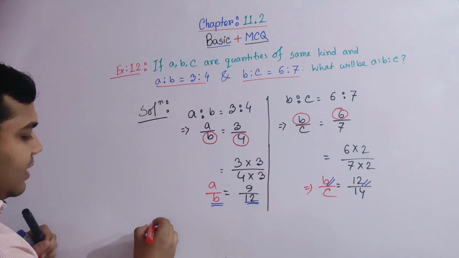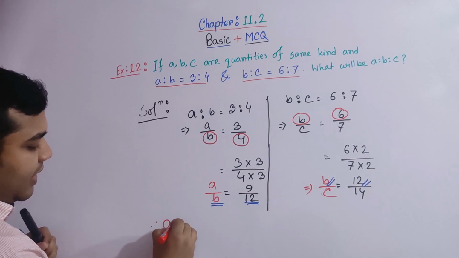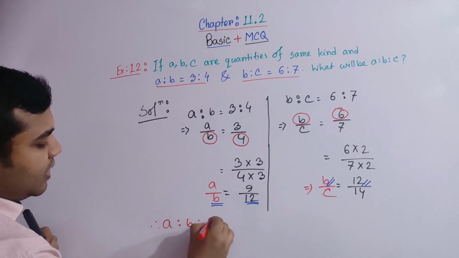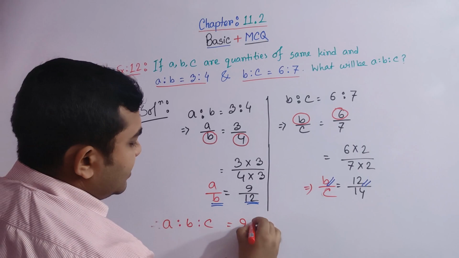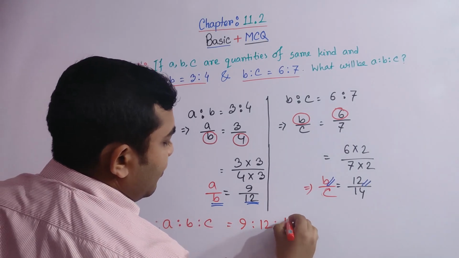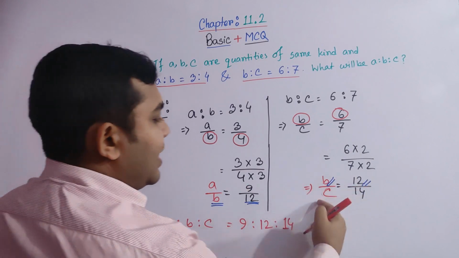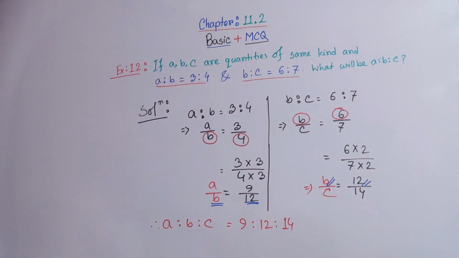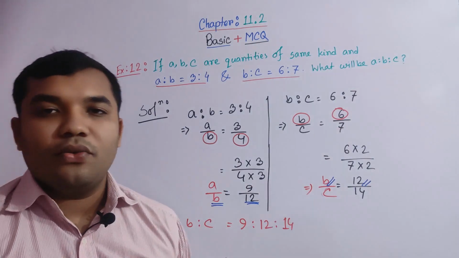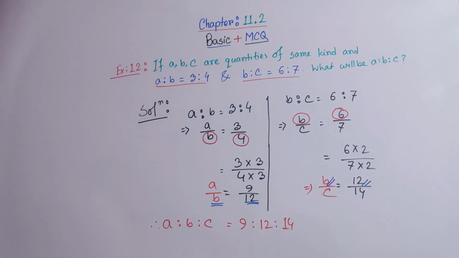So we can very easily say that A is to B is to C is 9 is to 12 is to 14. That is the thing we had to find.